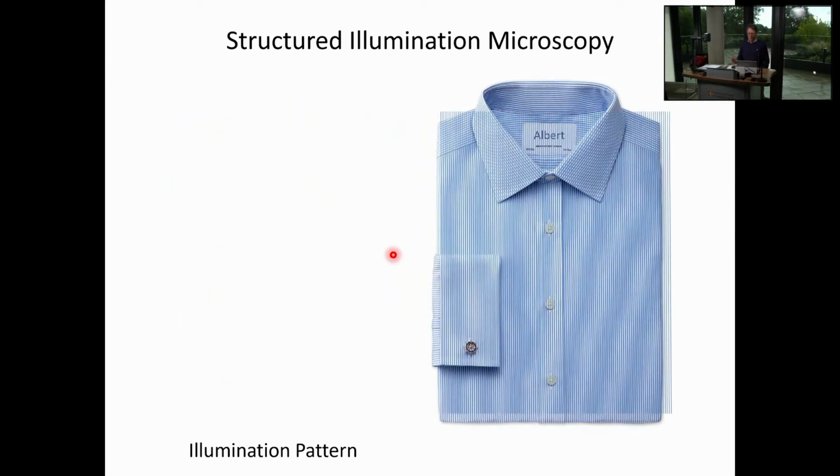what happens, and I hope you can see this in the film, you see now that you get frequency beats. The spatial frequency of the shirt now beats with the excitation spatial frequency and produces these patterns here. And these are moire fringes, as they're called.